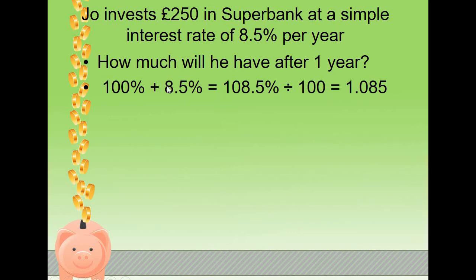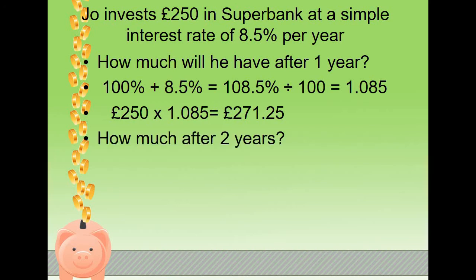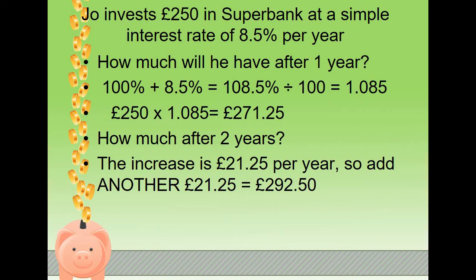So it's really important to go through this process of adding it to 100% and then dividing by 100 to make sure you get the right amount. Okay, so we're multiplying by 1.085. So that gives us the amount that we've already got plus an 8.5% added on. Okay, so we multiply by £250. And the new amount is £271.25, an increase of £21.25. So after 2 years, we'd add on another £21.25, and so on.